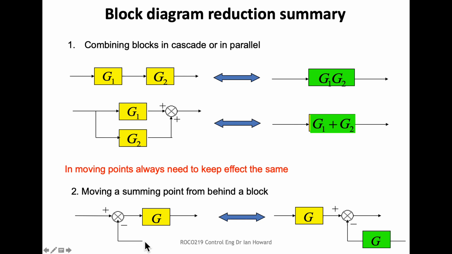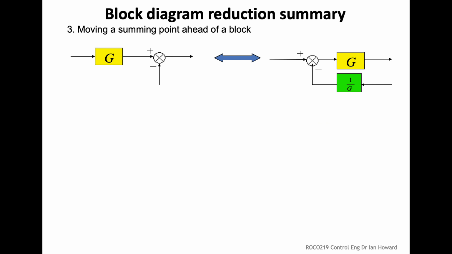And what we see is this negative component, right, gets multiplied by the G. So if we move this pickup, the summing point, to after the G, what happens is, well, it's not getting scaled in the same way, so we've got to put the scaling in first. So we have to scale it so we always get the same result.